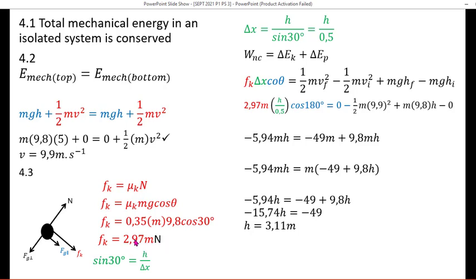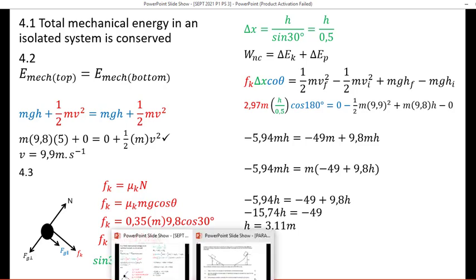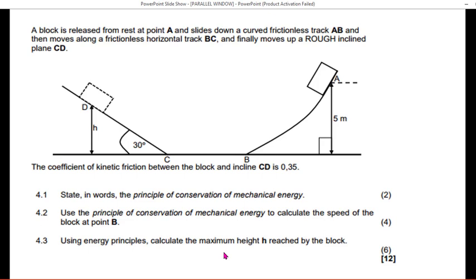So we have this as the frictional force, and then we also need to calculate the displacement or delta x, and here we use trigonometry, because if you check, we have the angle here.